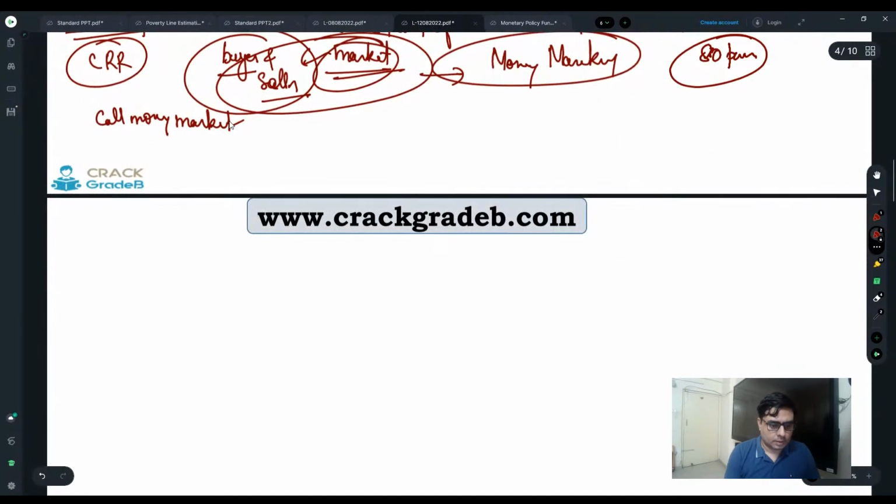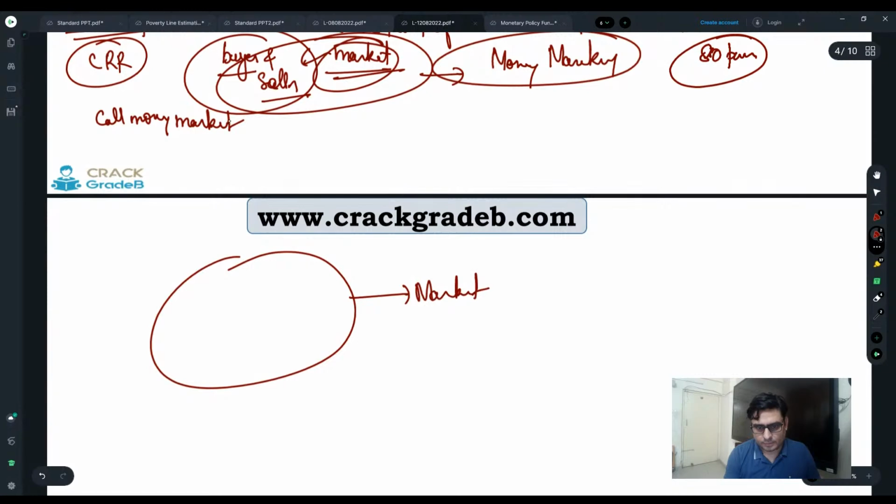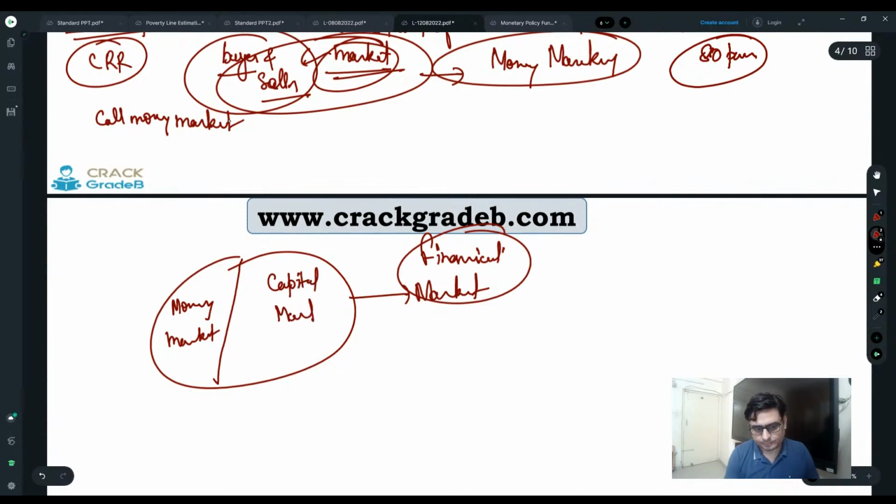Now the market, or in other words the financial market, is basically divided into two parts. One is the money market and the other is the capital market.